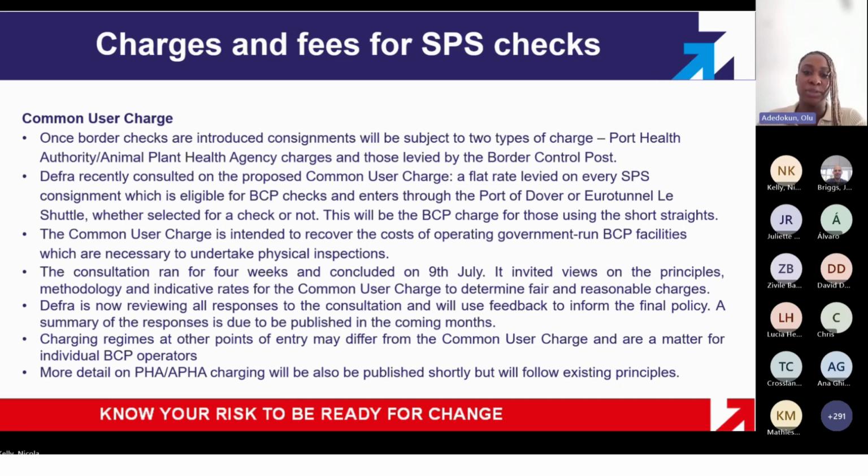DEFRA is now reviewing all responses to the consultation and will use the feedback to inform the final policy. Charging rate regimes at other points of entry may differ from the common user charge, so please do note that. And this is a matter for individual BCP operators. More detail on PHA and APHA charging will also be published shortly, but they will follow existing principles.